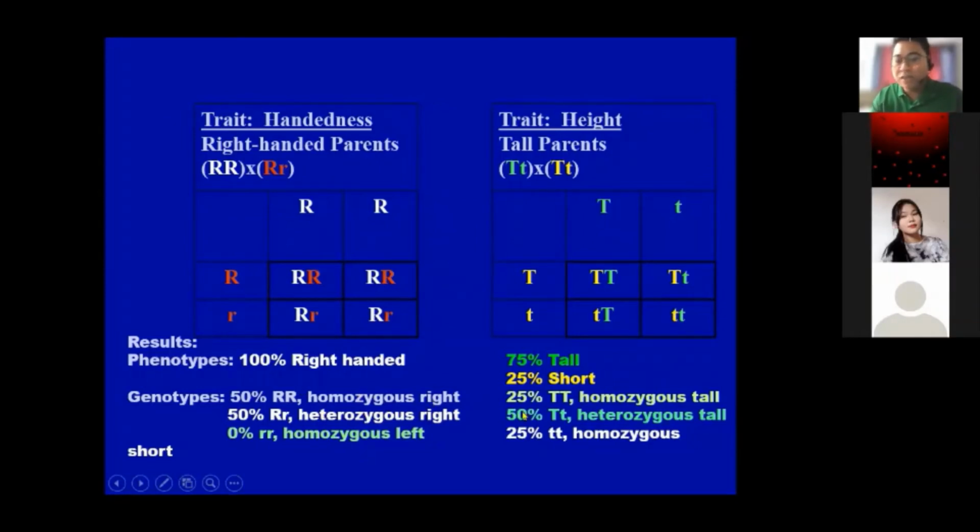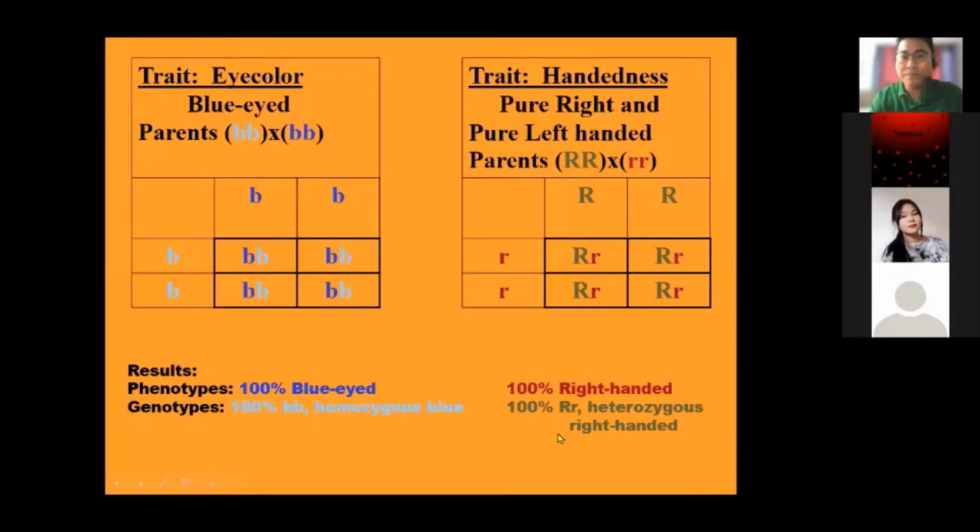Well, for genotypes naman, it will have 25% na dominant homozygous tall, 50% heterozygous tall kasi nga dominant T pa rin na height, which is tall. And then 25% homozygous na recessive, which is short. Yeah. So alam niyo na kung paano na yun.